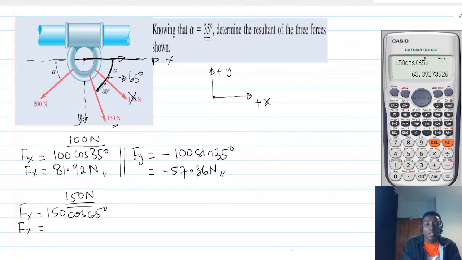Okay. So 63.39. So that is the x component.